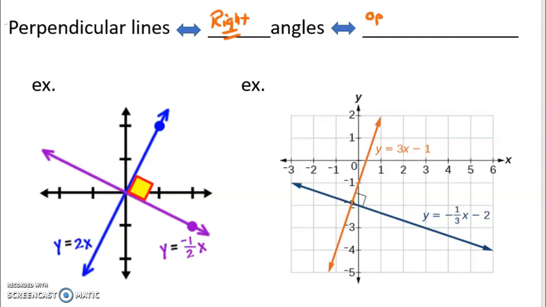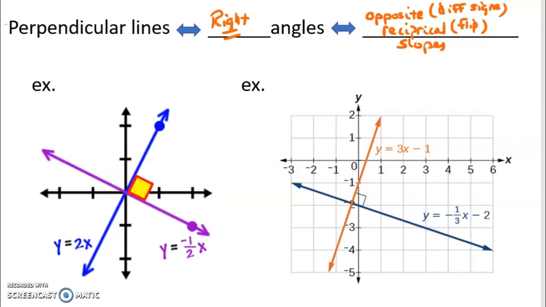You must have opposite reciprocal slopes, or it won't work. And by opposite, that means your slopes must have different signs. One's positive, one's negative. And then reciprocal means you must flip the fraction. So it's a two-part deal, okay?